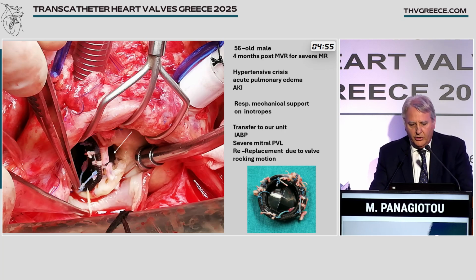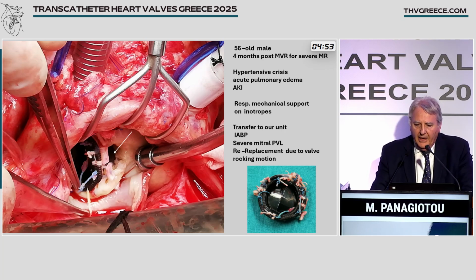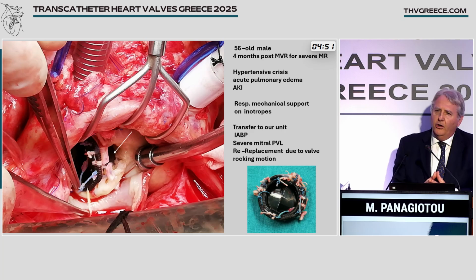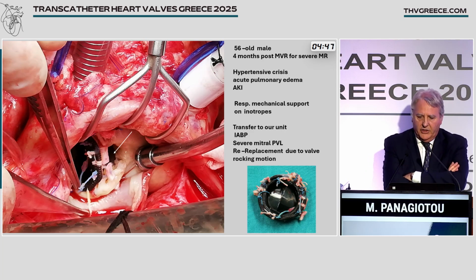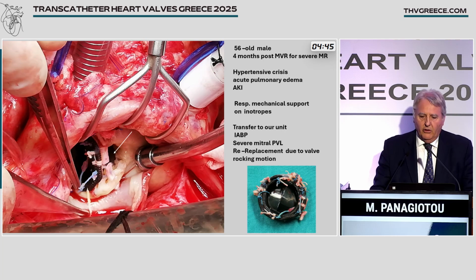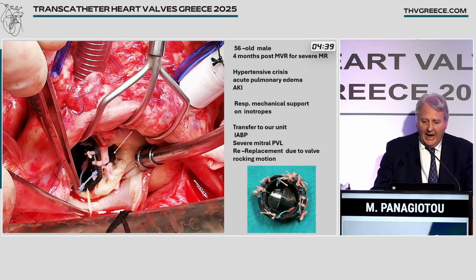Good and bad at the same time, because you can see that these patients are not straightforward cases. They are very, very sick patients. This is a 56-year-old male patient, 4 months after his MVR for severe MR. In a hypertensive crisis, he went into pulmonary edema.